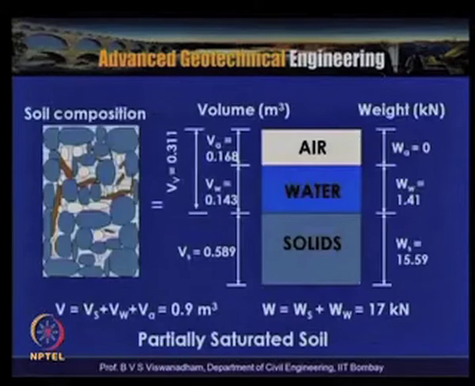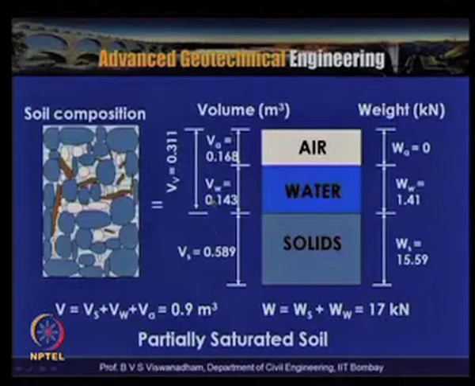And if you express this in what we calculated in the soil composition for a partially saturated soil, total volume is 0.9. If we apportion this, volume of solids is 0.589 meter cube and volume of water is 0.143. Volume of air is 0.168. So, put together you will get 0.9 meter cube.